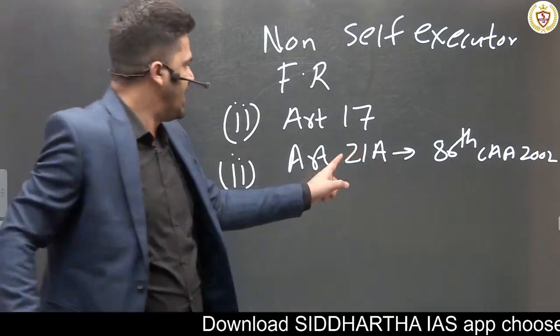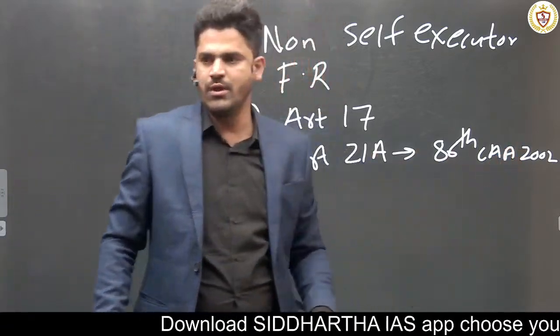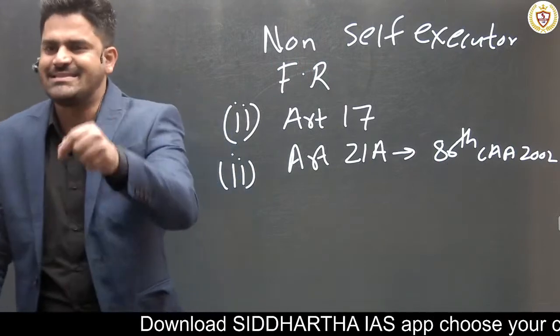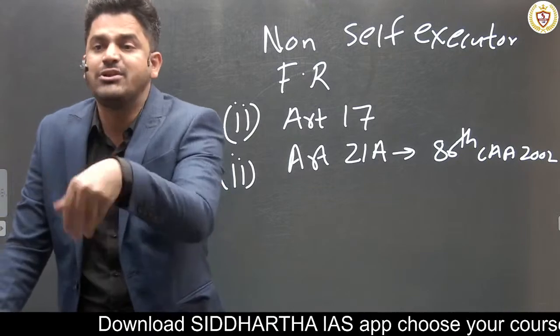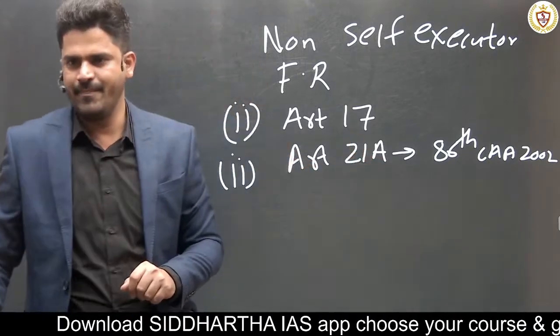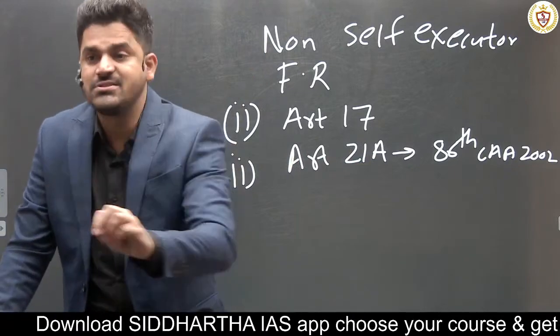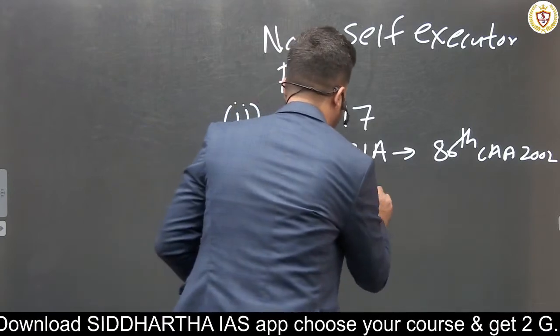Article 21A was added through 86th Constitutional Amendment Act 2002. Now, Article 21A states that Parliament should pass law for enforcement of Article 21A. Now, Parliament passed such law under Article 21A only in 2009.